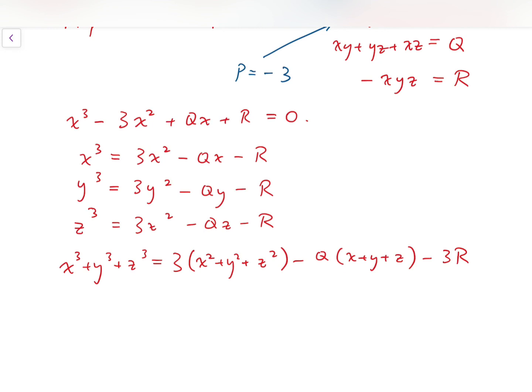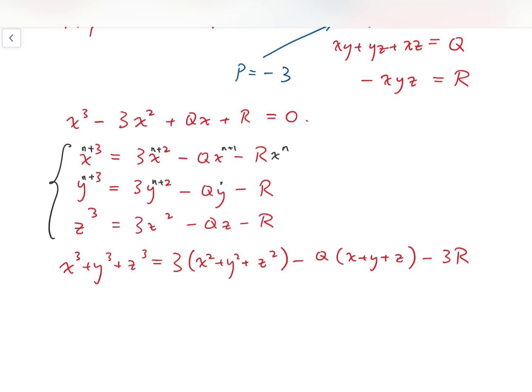Further from this, I can multiply x, y, z, and even powers of that into each of these three equations. Say if I multiply x to the power of n on both sides of the first equation, then for the left we have x to the power n plus 3, and then we have n plus 2 over here, n plus 1 over here, and r times x to the power n.